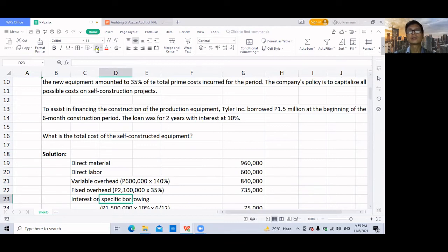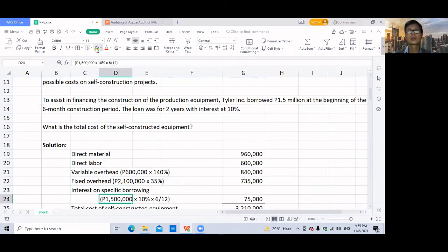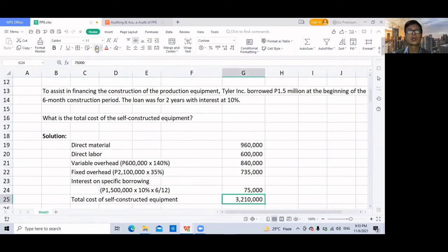So, well, this is for the loan was for 2 years with 10% interest. So, of course, kalahati lang para dun sa taon. So, that's 75,000. So, the total self-constructed equipment is 3,210,000. So, you just add all these amounts.